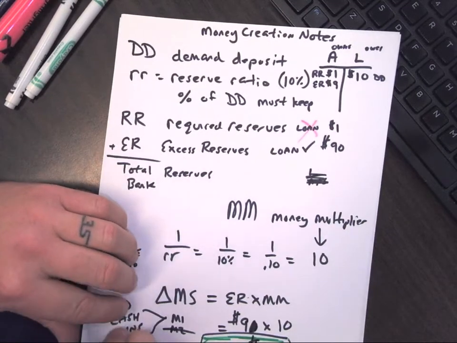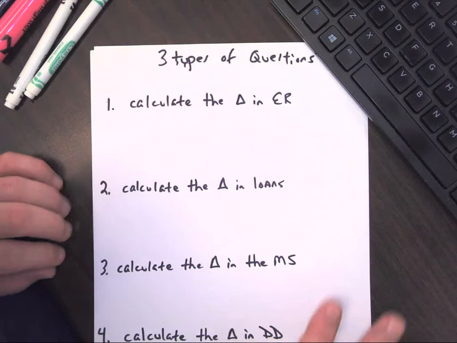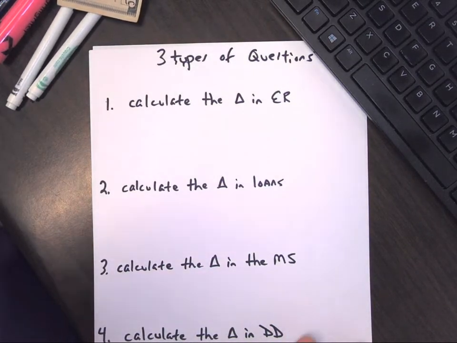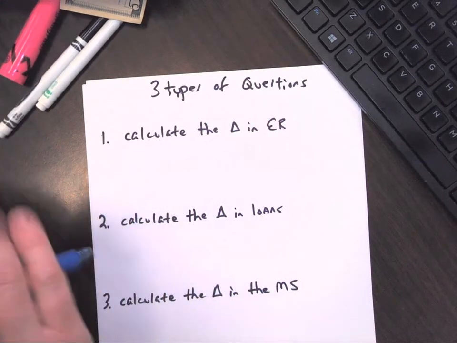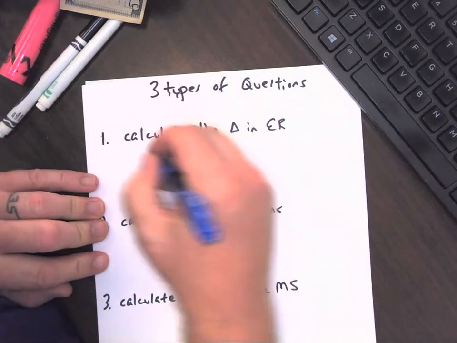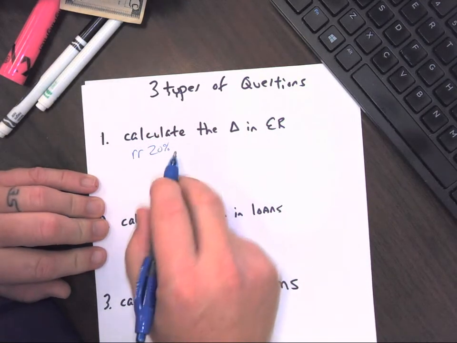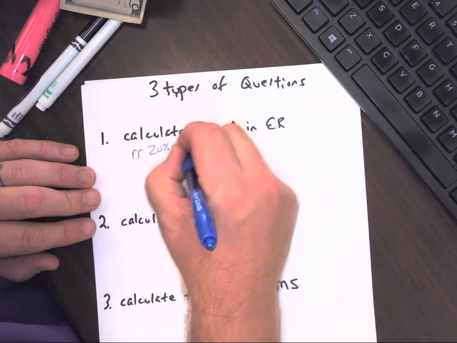Okay, so now, examples. I know you wanted some examples. So what we have here is some questions that you might have to answer on FRQs. So the first thing you might be asked is, how are we going to calculate a change in excess reserves? And you'll see that in the questions. So let's imagine we have a reserve ratio now of 20% and a deposit of $100 million.